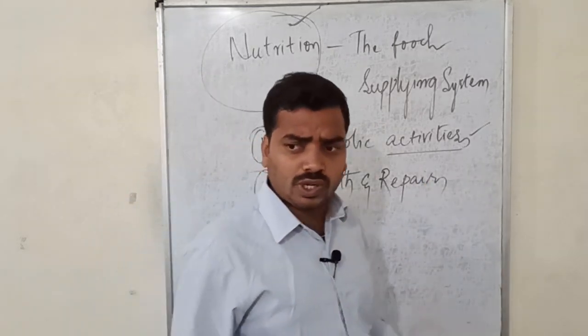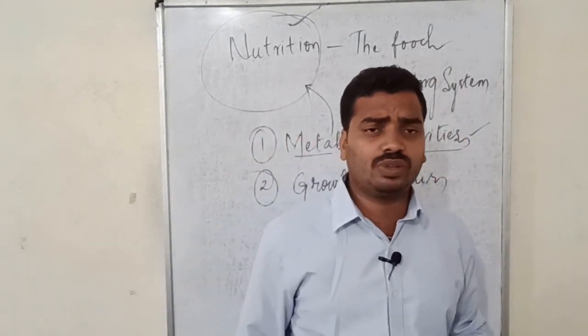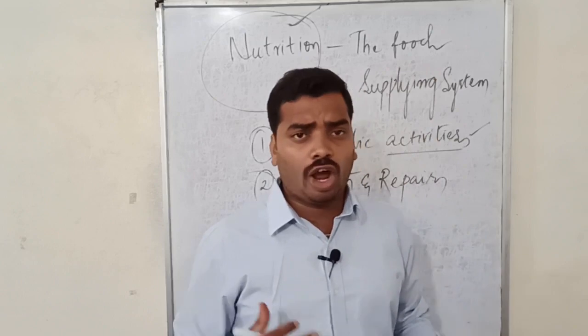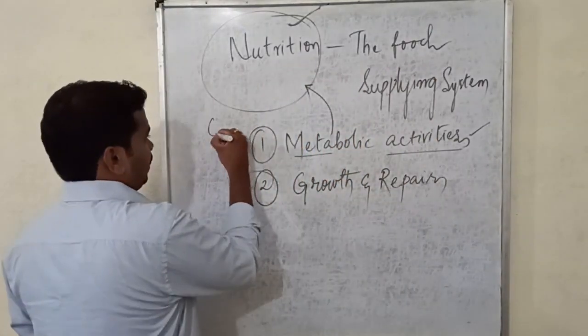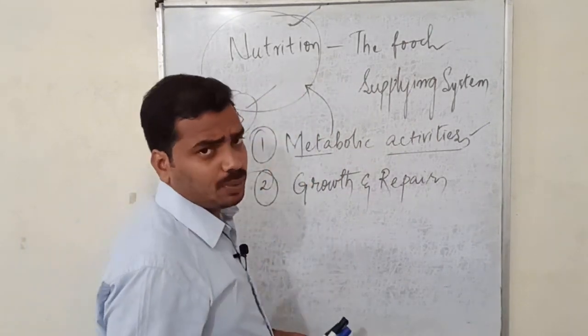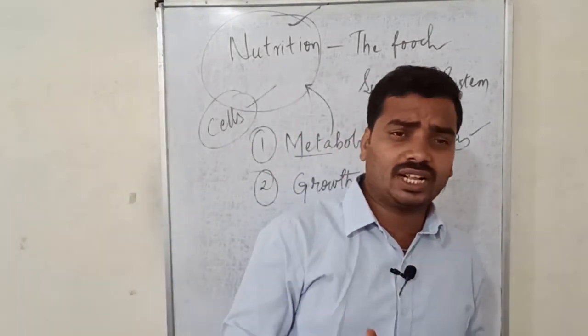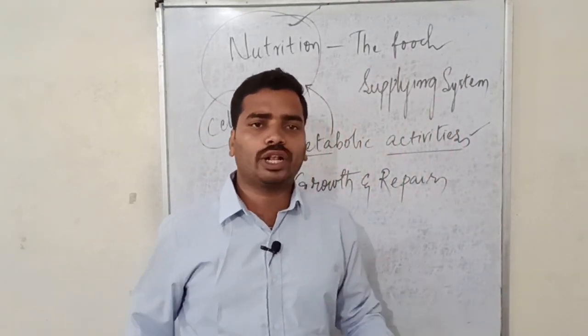The body keeps on growing continuously. There will be death of cells happening within the organism. Every organism is made up of a basic unit called the cell. These cells will die, some cells will get wounded, some cells will malfunction. All this has to be repaired by the body itself.